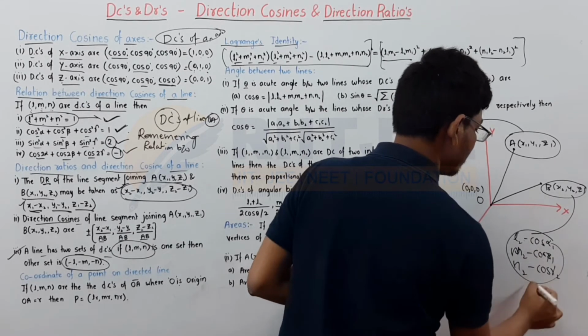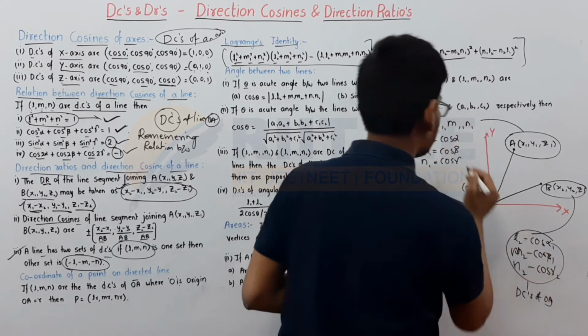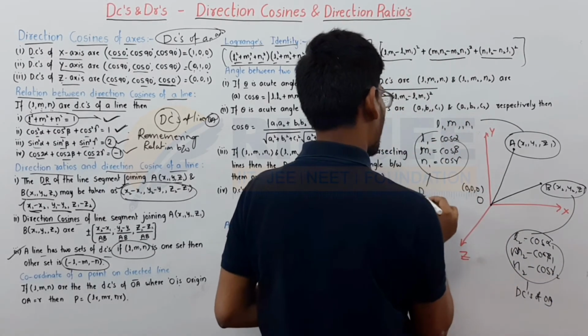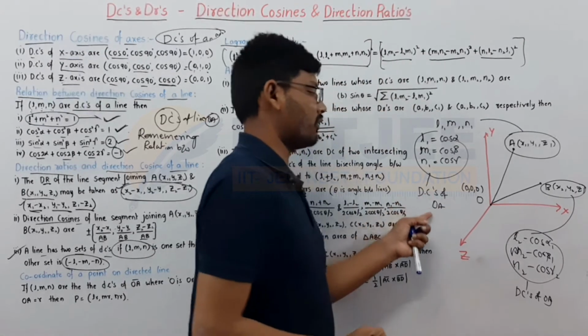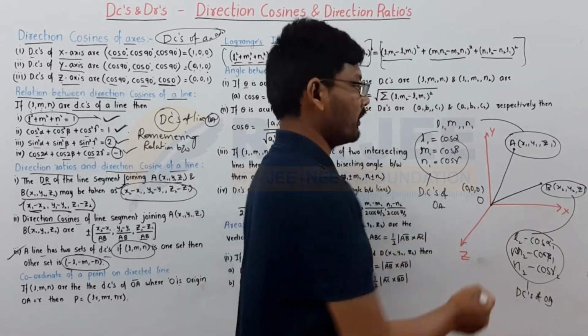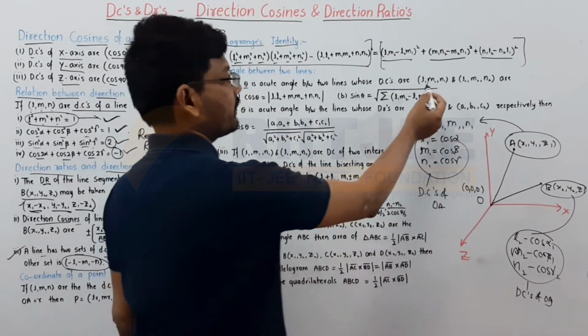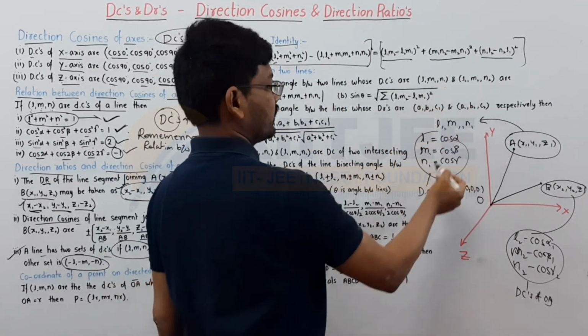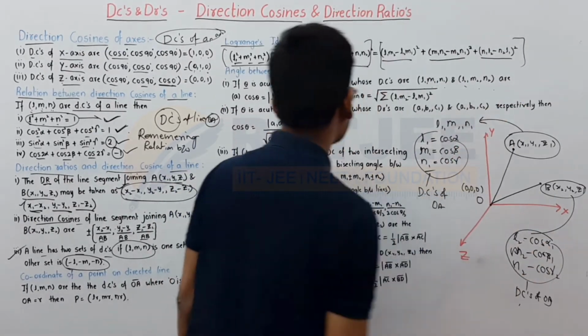These are the DCs of OB, and these are the direction cosines of OA.